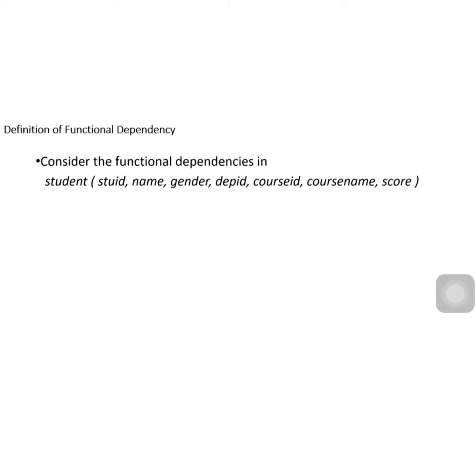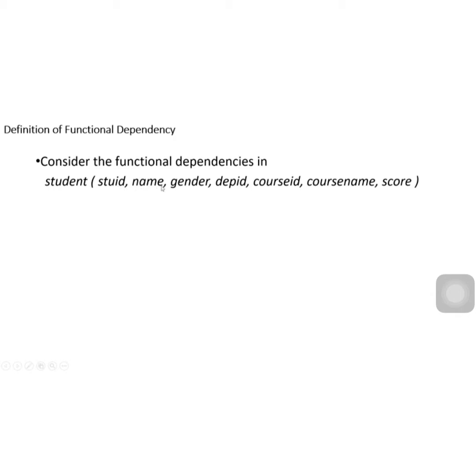Okay, this is a relation student. Student ID is the ID of the student, and a student ID can identify a student.